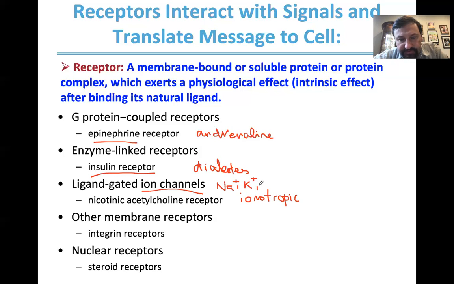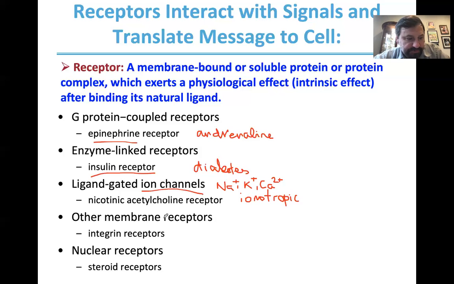And so in the presence of the ligand, these channels are open and allow for the passage of these ions down their concentration gradient. In the absence of the ligand, they close and the ions are no longer allowed to pass through. So these will be ligand-gated ion channels.